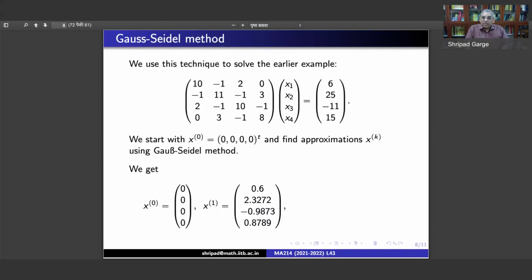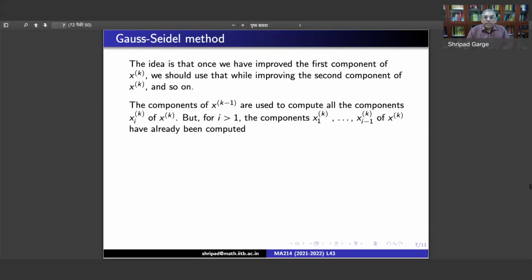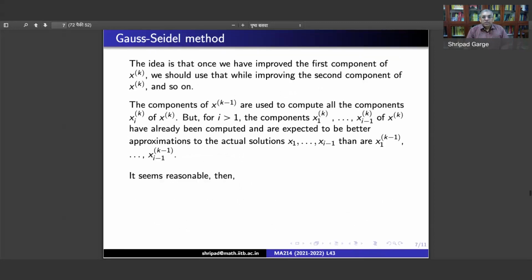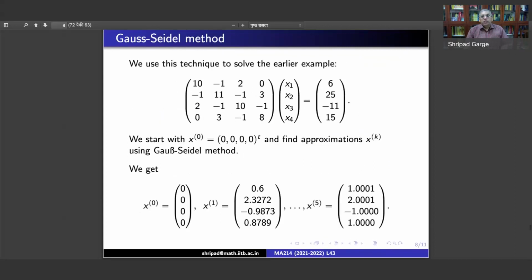So although for some initial values it may not seem that we are doing an improvement, already by the 5th approximation we have reached the correct solution, 1, 2, minus 1 and 1. Whereas in the Jacobi method we had to go to the 10th approximation to get this value. So already in the 5th approximation we have the correct solution in the Gauss-Seidel method.